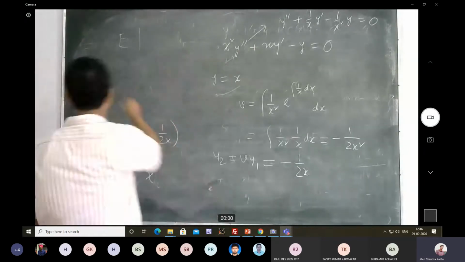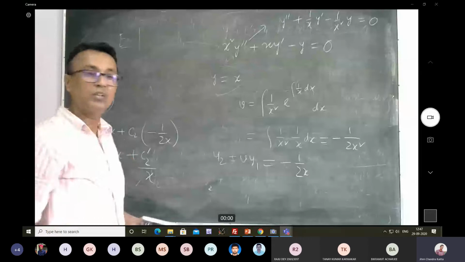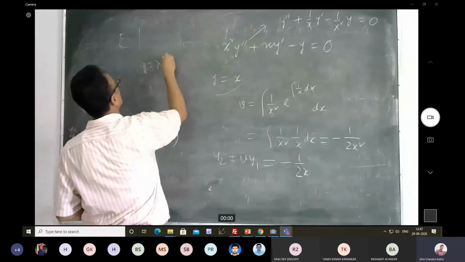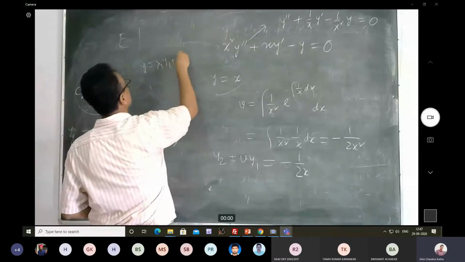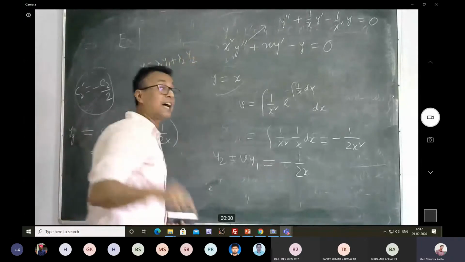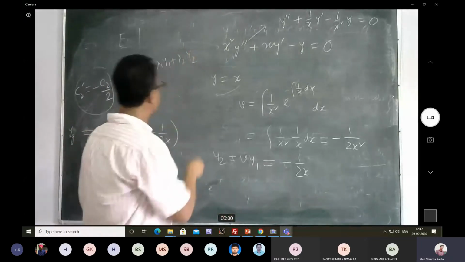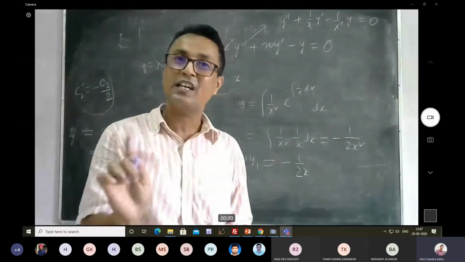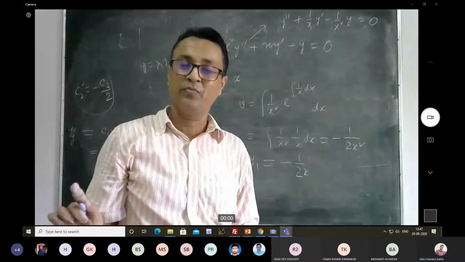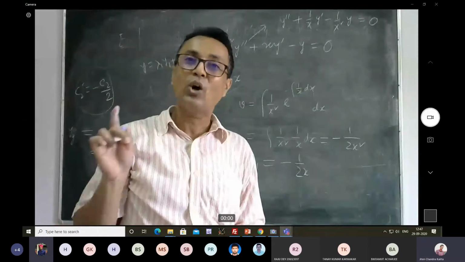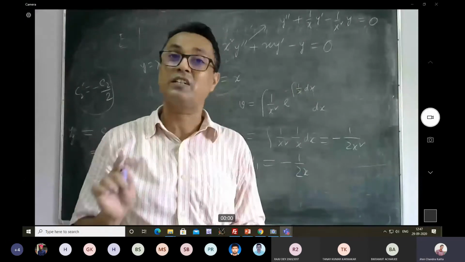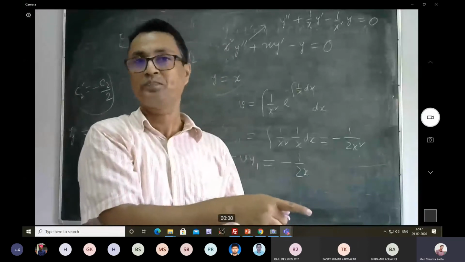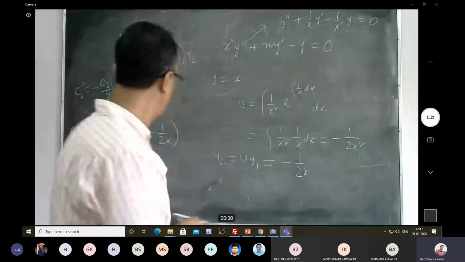That is the thing I told you. When you describe the general solution y equal to lambda 1 y1 plus lambda 2 y2, that constant of integration can be absorbed into this constant. Is that concept clear now? Yes, the constant of integration doesn't matter while trying to find the other solution through the known solution. Is it okay? Fine.